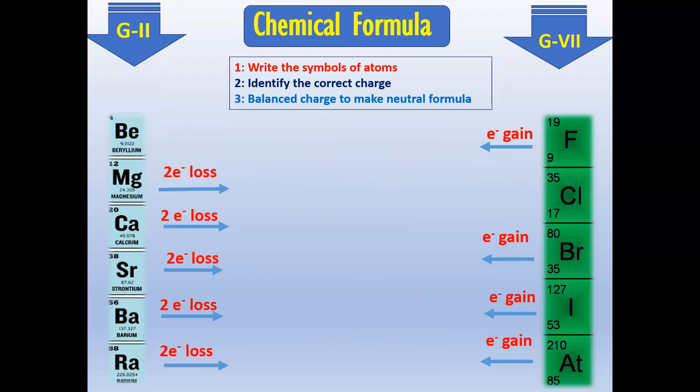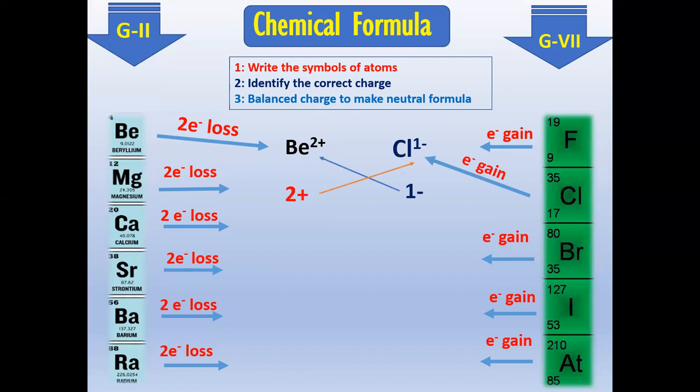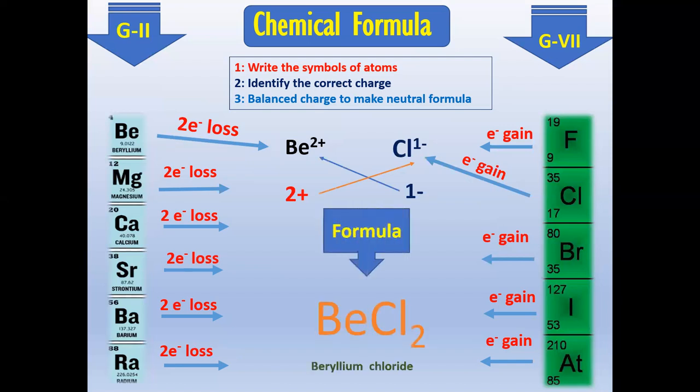In the same way, we can select another example. Beryllium is losing 2 electrons, while chlorine is gaining 1 electron, and the +2 will go below the chlorine, and this will produce beryllium chloride.